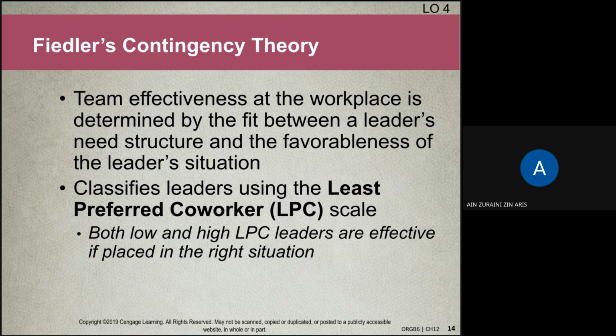Okay, so how does Fiedler determine a leader's style? Okay, so Fiedler used something called the least preferred co-worker scale, or the LPC scale. Okay, so here's how this scale works, right?